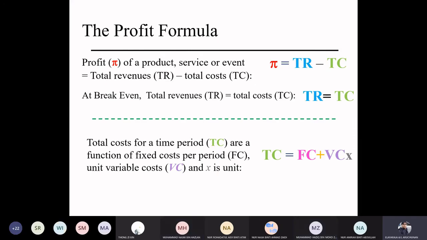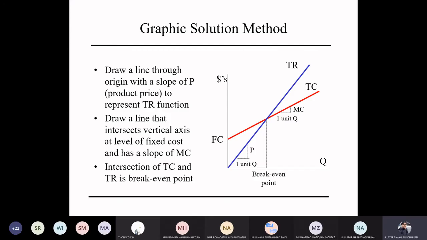All right. Next, moving on, the graphical solution method. How do we represent a graph to describe all the features in the break-even analysis?